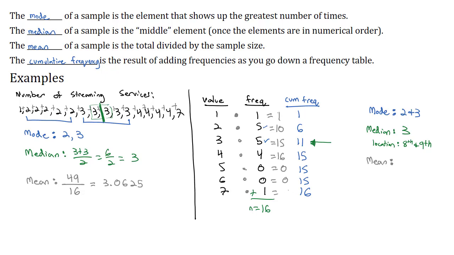And 7 times 1 is 7. And if I add all of those together, there's fewer numbers to add together, less room to hit the wrong button on your calculator or miss one of the numbers. Add those up and we get 49. So now I can take the 49 and divide by the total frequency, which we found earlier to be 16. And that's going to give me my mean is equal to 3.0625.